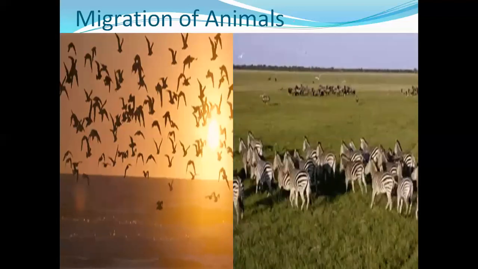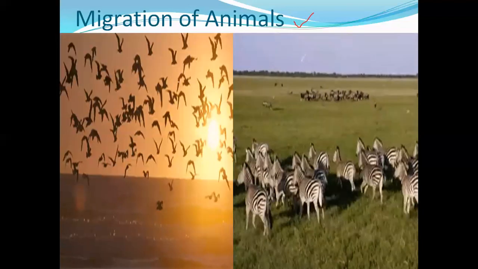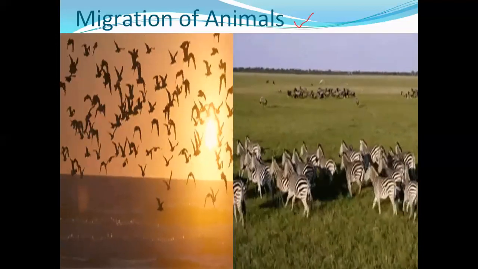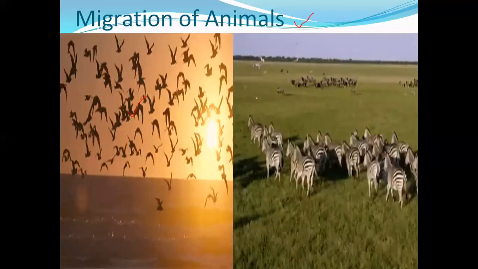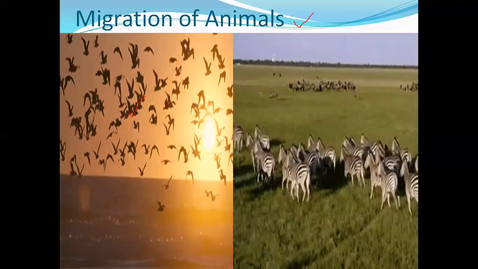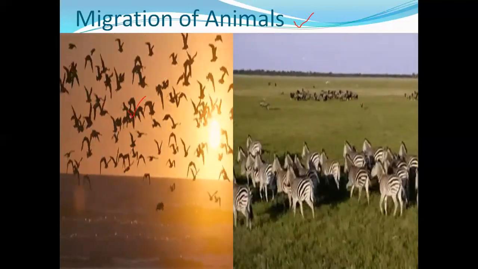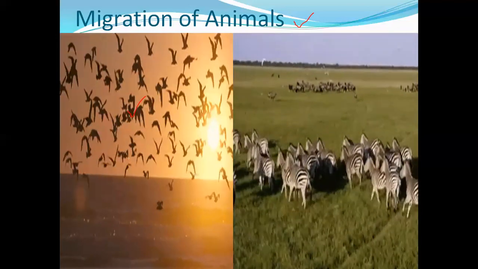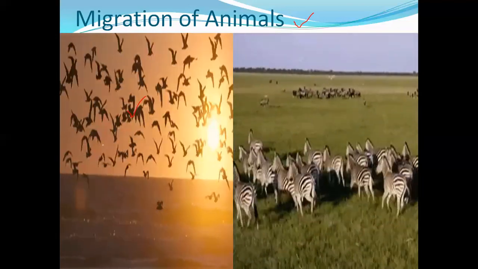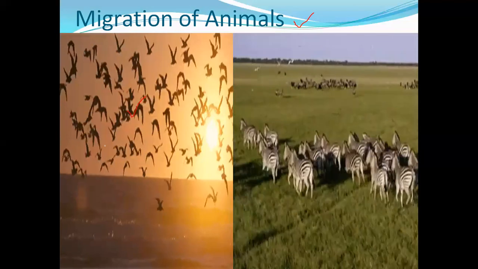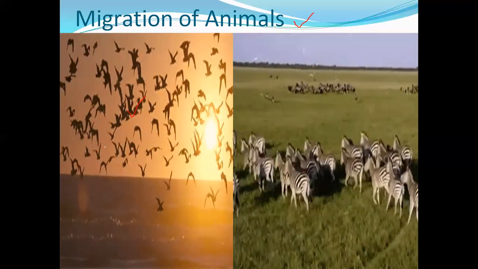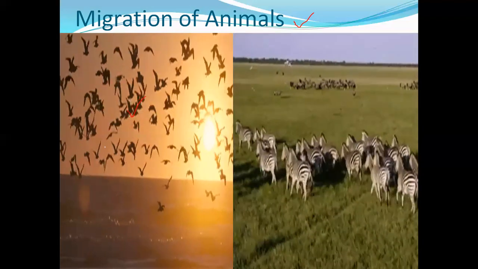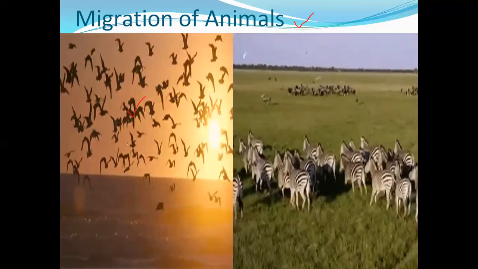So if we see another factor, that is migration of animals. You see animals are migrating for better life, like lots of birds migrate from colder regions, from Russia to Pakistan, due to cold in the upper northern areas, and they come to warmer places.